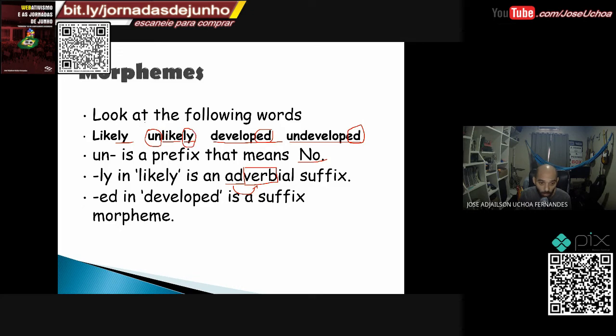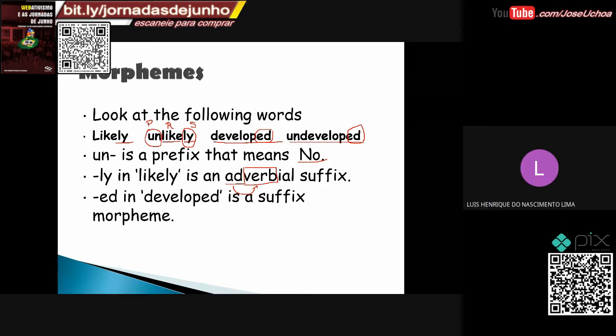So what we have here in unlikely is a combination of a prefix, a root, the most important part of the word, the one that bears the meaning, and a suffix which comes at the end of the word. Is that all right? Do you understand what I'm talking about? Yeah. Good.